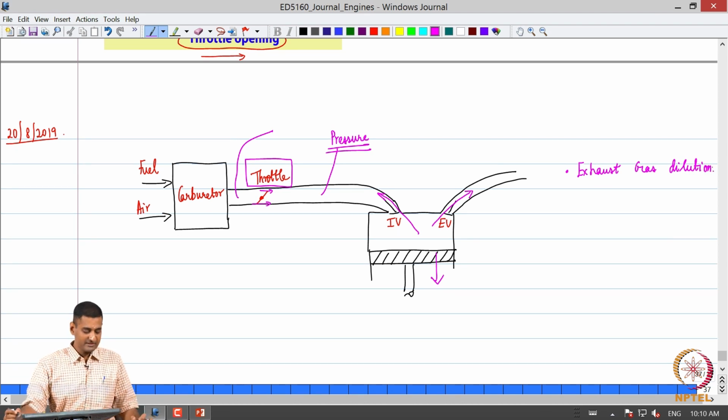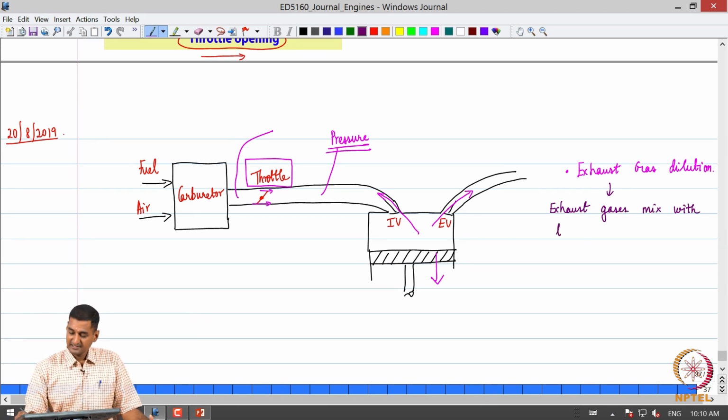What do I mean by exhaust gas dilution? Exhaust gas dilution means the exhaust gases mix with the fresh charge. Charge means fuel air mixture.